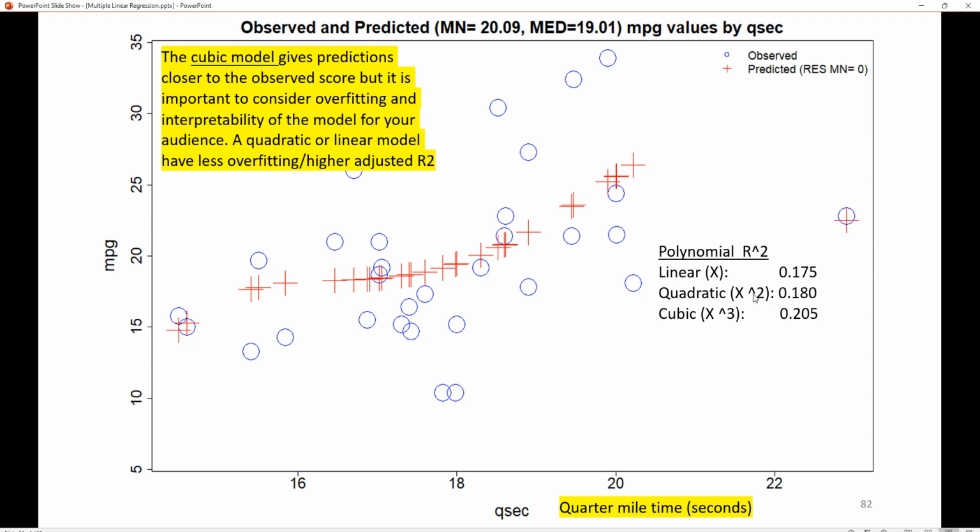We have the quadratic model, which squares qsec, and then we have the cubic model, which is that cubed value of qsec. We see the R-square goes up to 0.205. That may be a better model, but since we have a small sample, we may not want to base future predictions on a cubic model. We'd probably do better with the quadratic model.